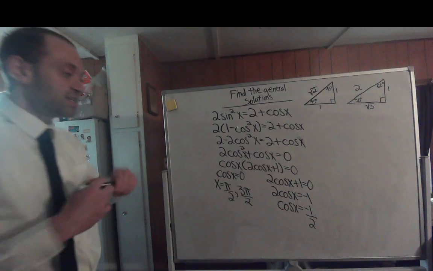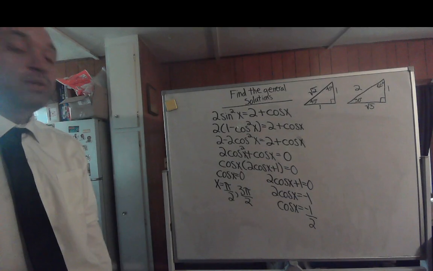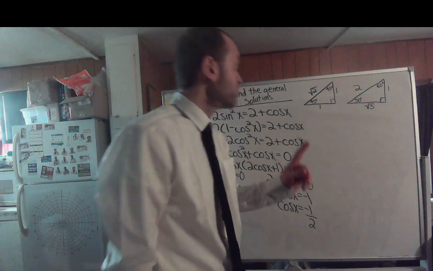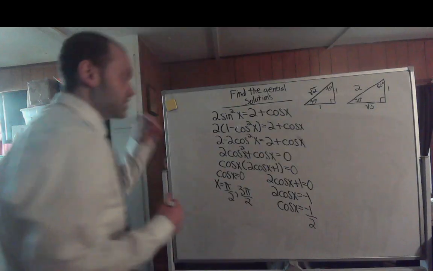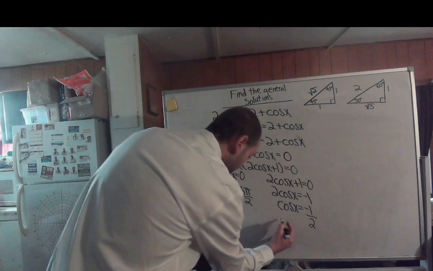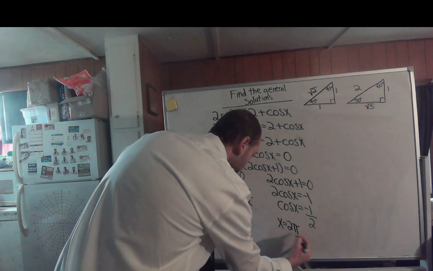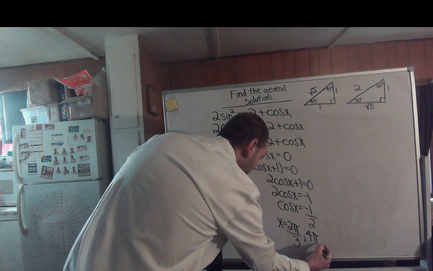Now we have to consider only where the cosine is negative 1/2. That would be in the second and third quadrants. This is going to be based off a 60-degree reference angle or a pi over 3 reference angle. So in the second quadrant, that would be 2 pi over 3. In the third quadrant, that would be 4 pi over 3.